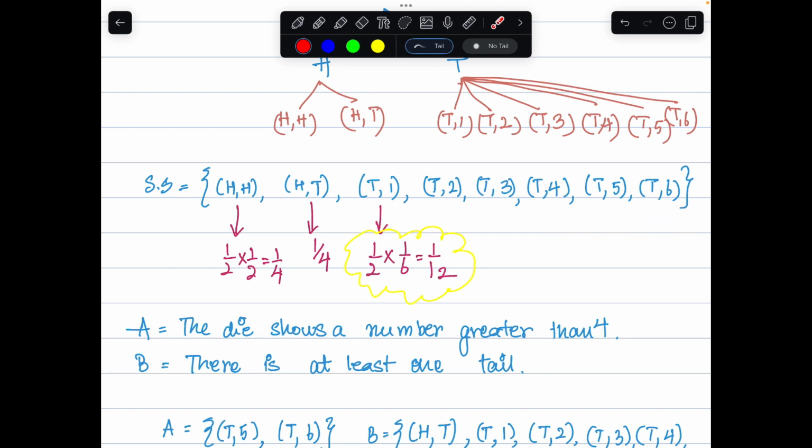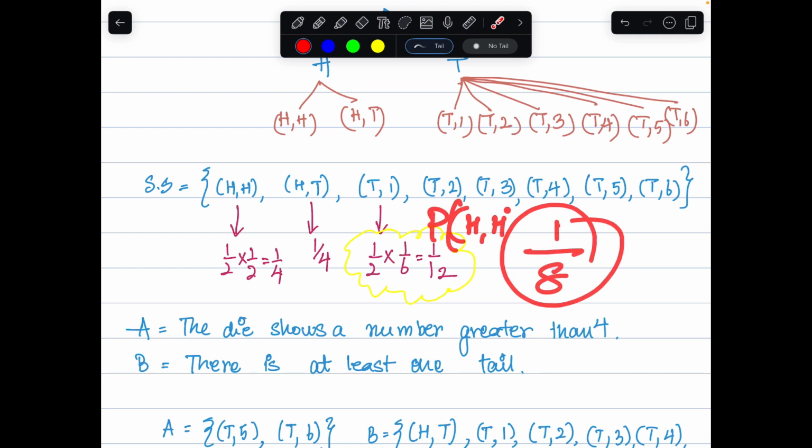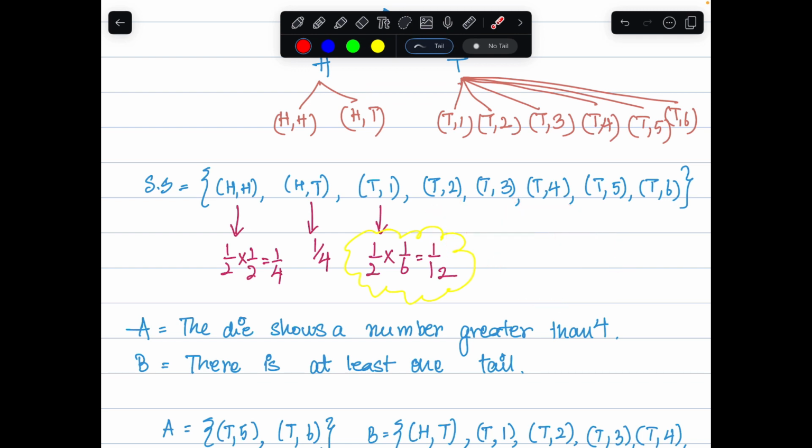Now if I ask you what is the probability of getting 2 heads, what will you say from here? Few students will say it's 1 by 8. So the probability of getting head and head, you will say it's 1 by 8. Why? Because 1 is there out of 8. But that's absolutely wrong.